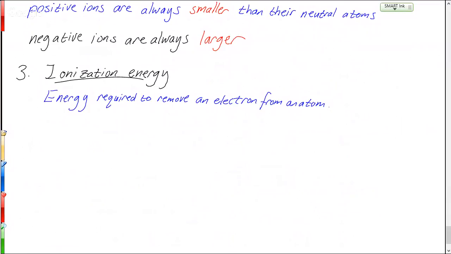So based on what we just talked about in the beginning of class, is this an exothermic process or an endothermic process?